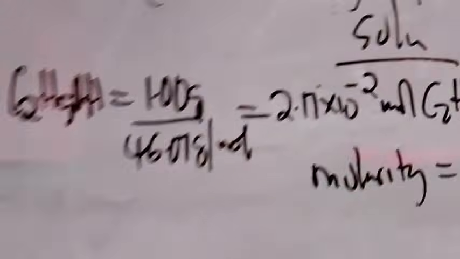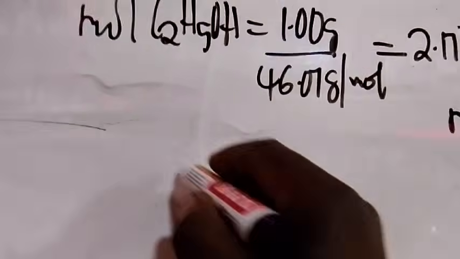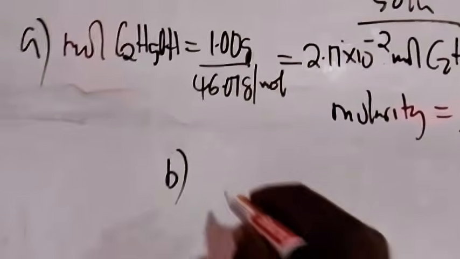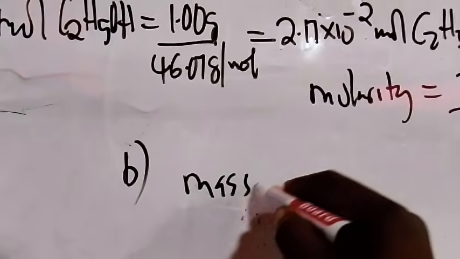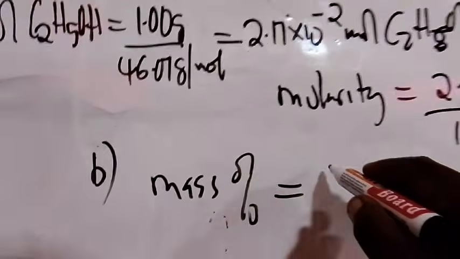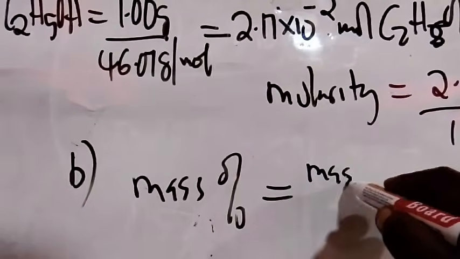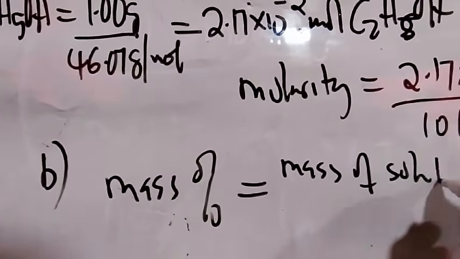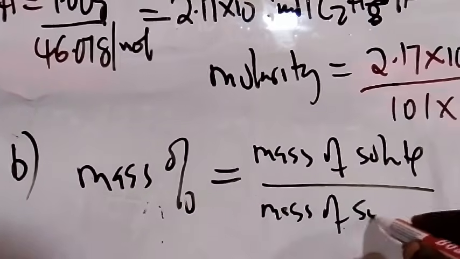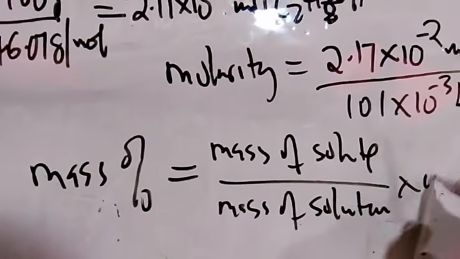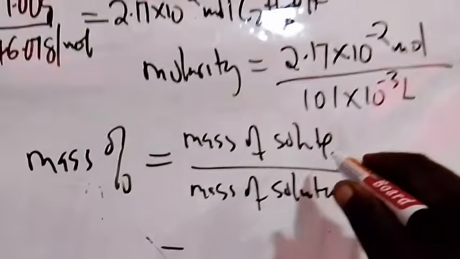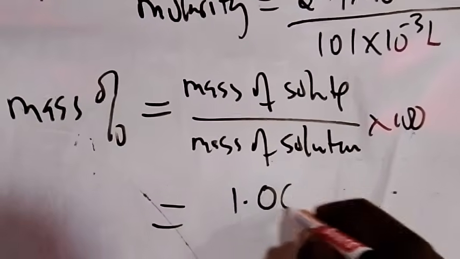Then mass percent. So this is our A. Then B, let's calculate mass percent. We know mass percent is equal to mass of solute over mass of solution times 100. In this case, the mass of solute is 1 gram.